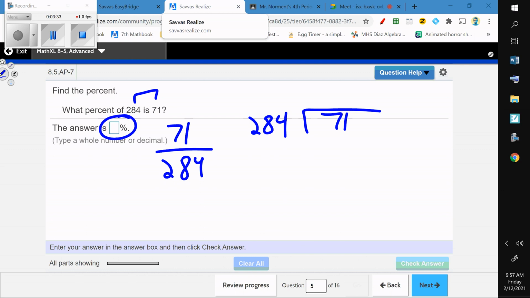284 goes into 71 0 times. Then you're going to go decimal, decimal, 0, bring it down. Now, I'm not exactly sure how many times 284 goes into 710. However, 300 times 2 is 600. 300 times 3 is 900. I'm pretty sure it's going to be 2.